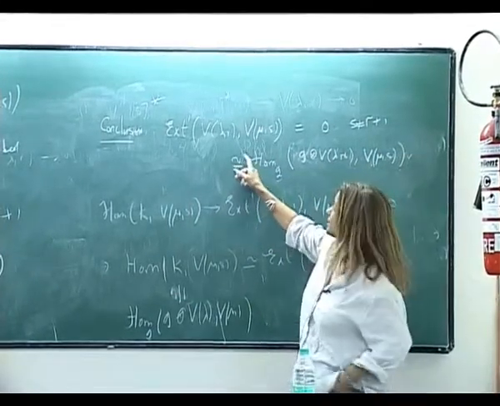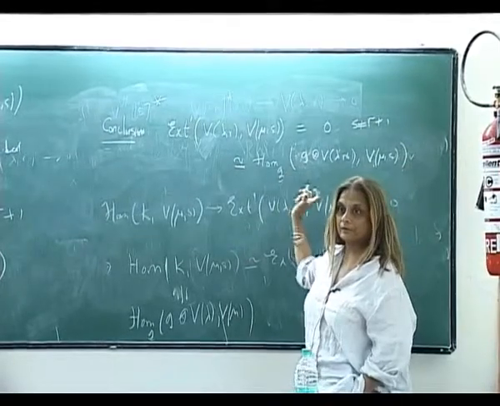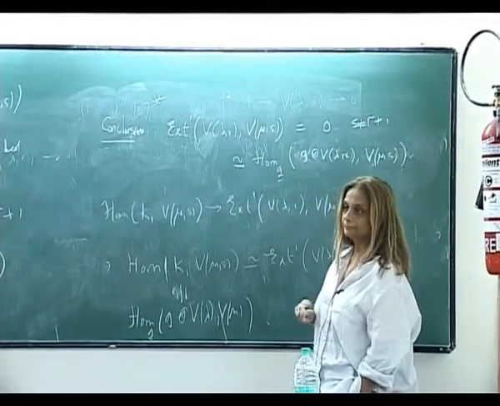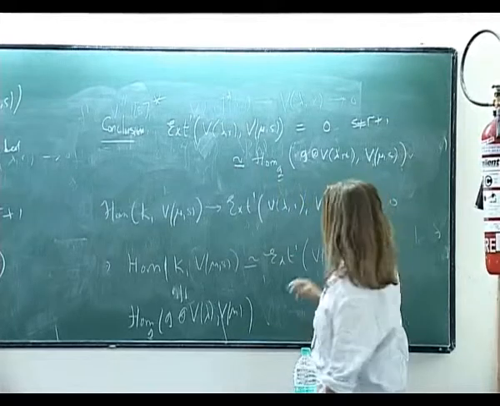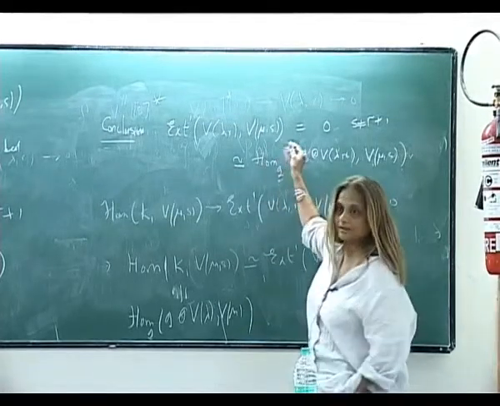So given a non-zero extension, I can define a Hom space, and given a Hom space, I can do this. So to go from here to here requires a little more work, but yeah.